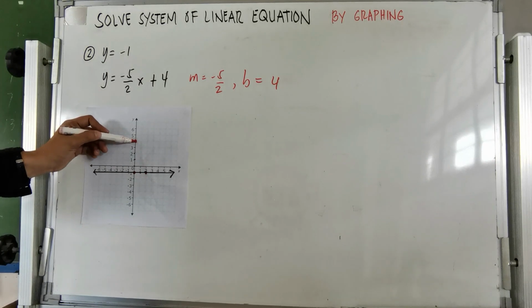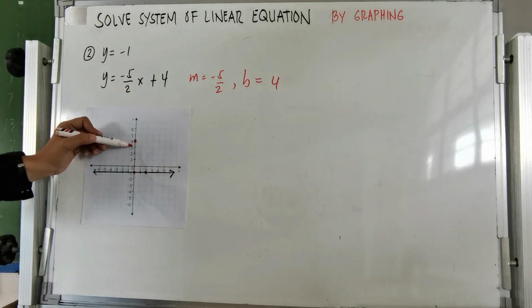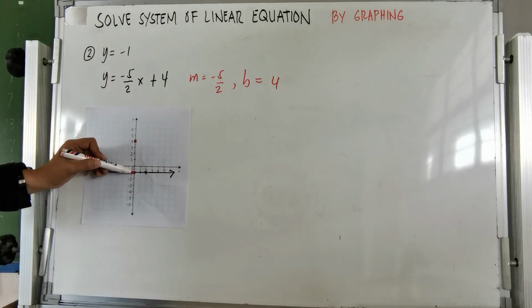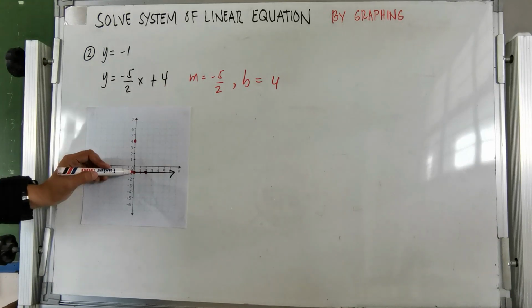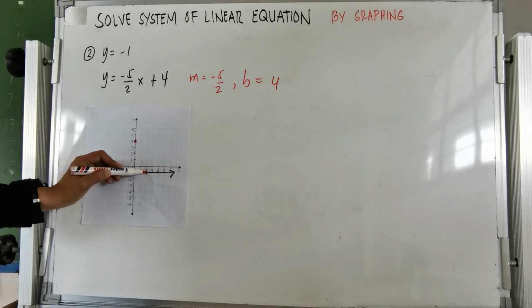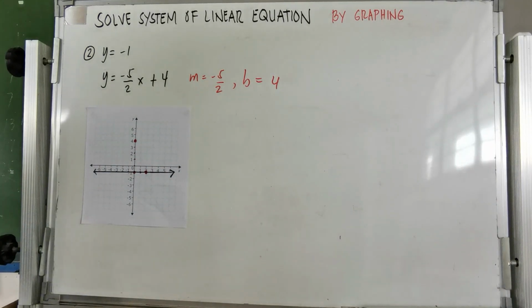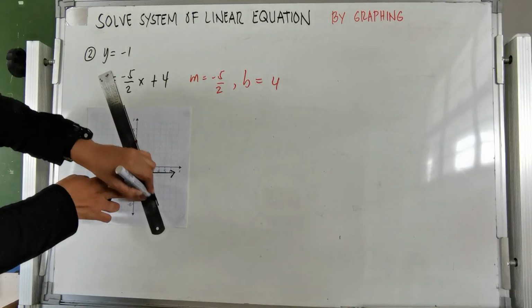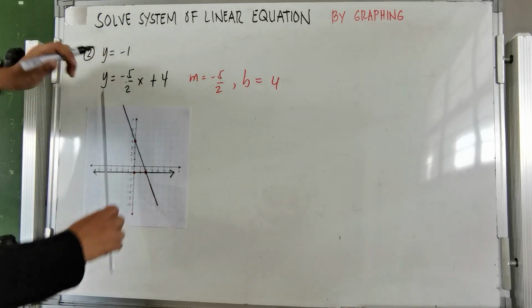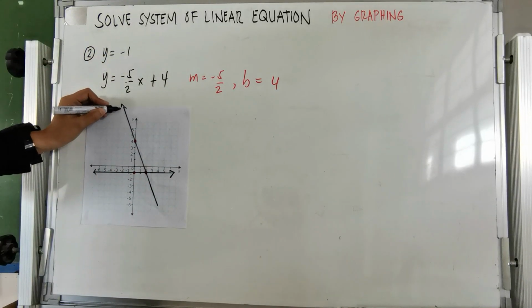So, ito yung point na yon. Then, 5 units downward, then 2 units to the right. So, ito yung second point. Then, connect na natin siya using a line. So, yan yung itsura ng ating second equation.